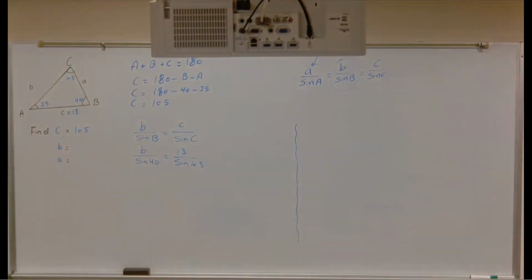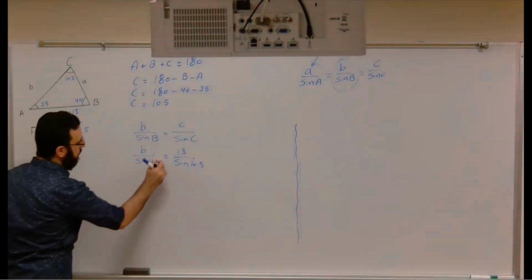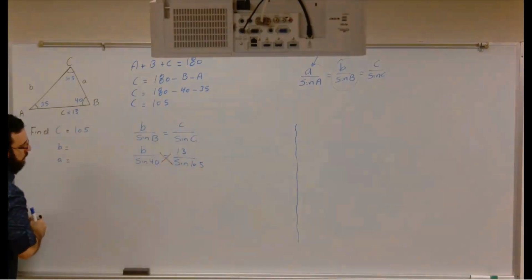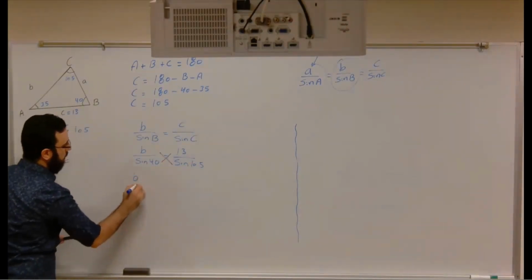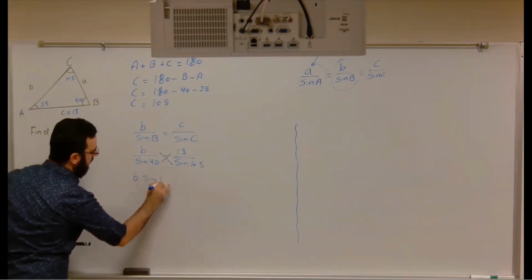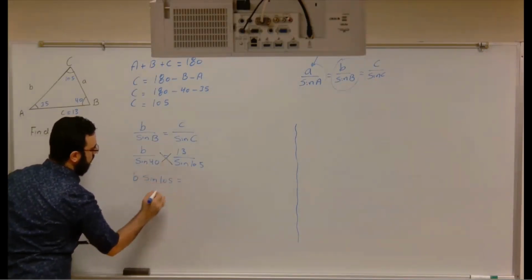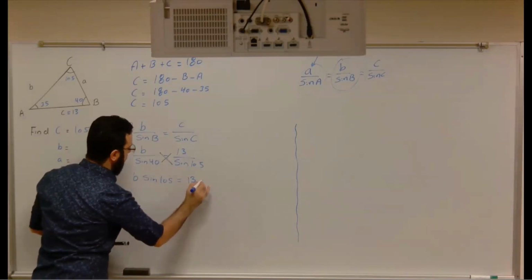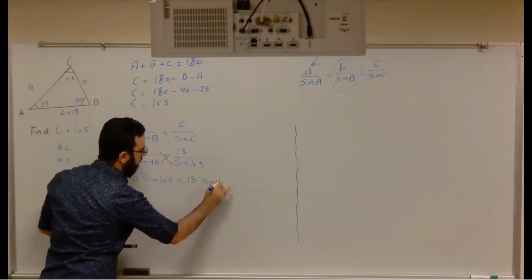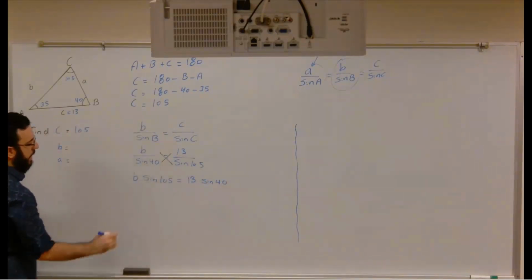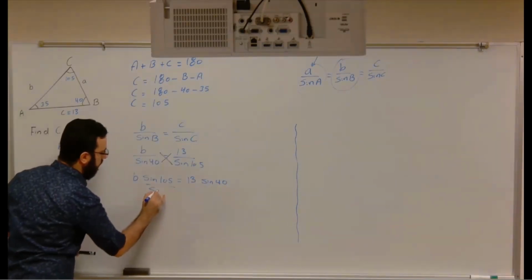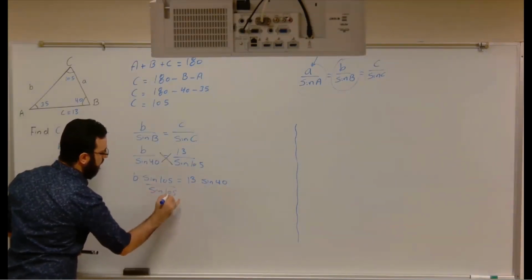Now do the cross. So it's going to be B sine 105 equal 13 sine 40. Divide both sides by sine 105.